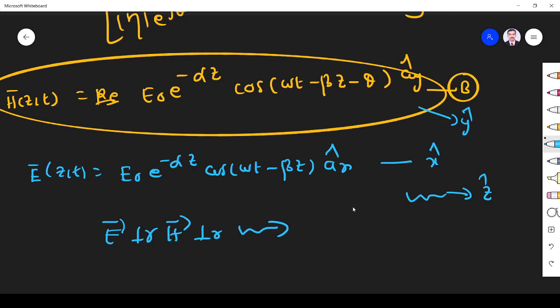Next thing we have to remember is that when a wave propagates through a lossy dielectric, its amplitude is reduced by the attenuation factor.